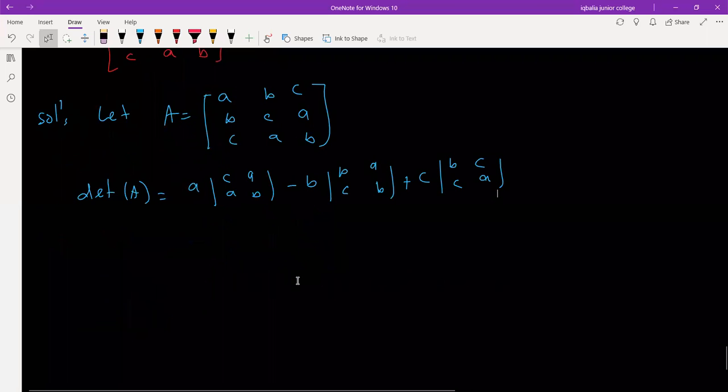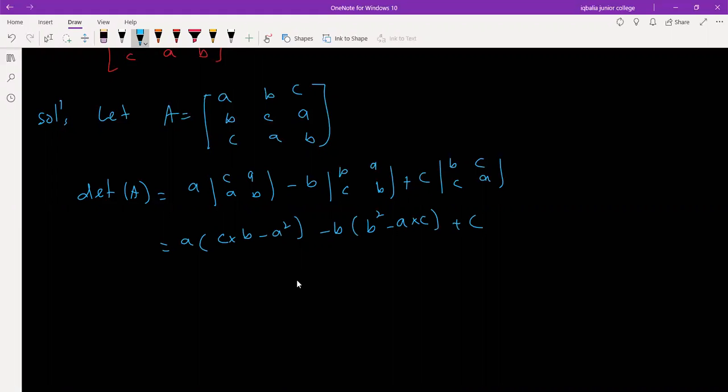Okay. Now just multiply in a cross way, C into B minus A square, minus B, B square minus A into C, plus B into A minus C square. Okay.